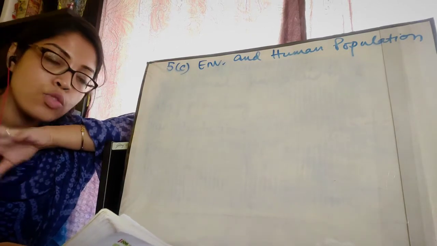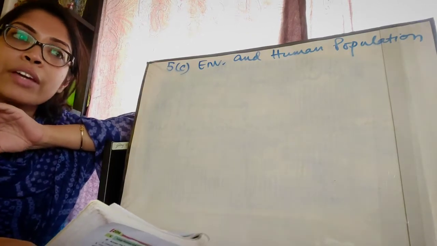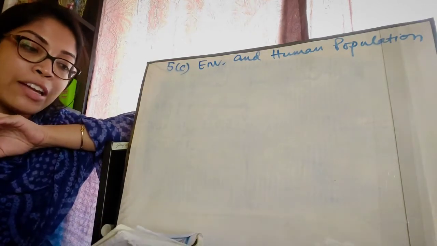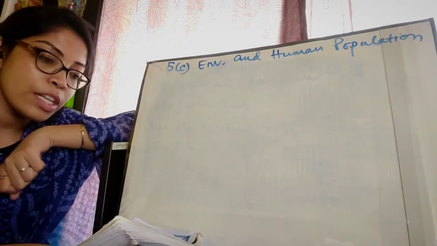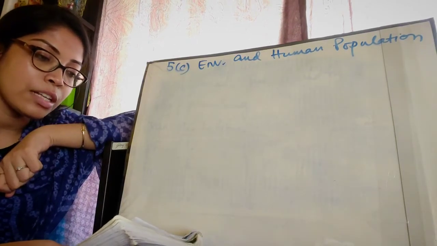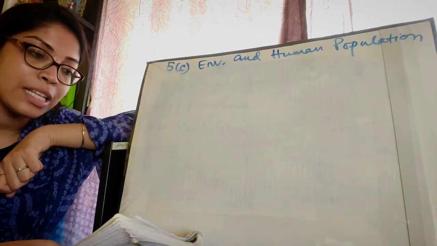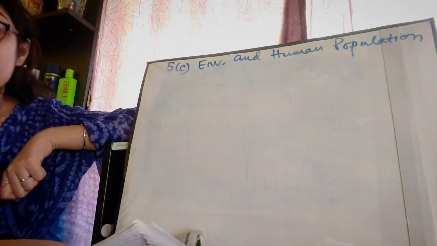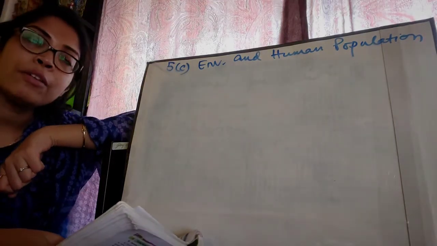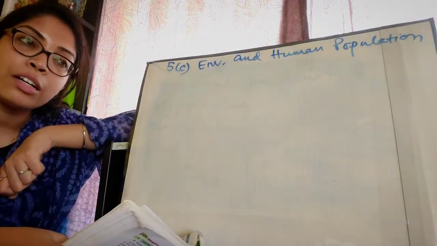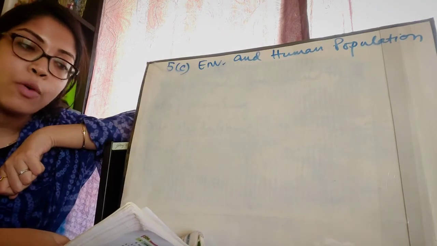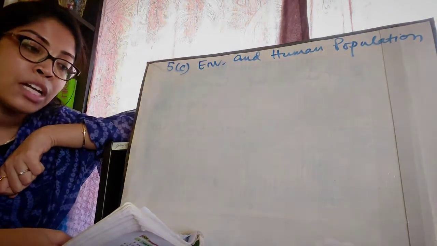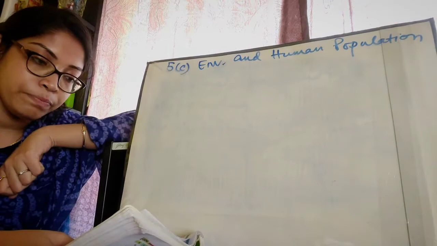Excluding all of them, only a very little amount of area is left for agricultural purposes. Less than 10% is available for agriculture, and that is also being squeezed, decreasing day by day due to progressive urbanization.